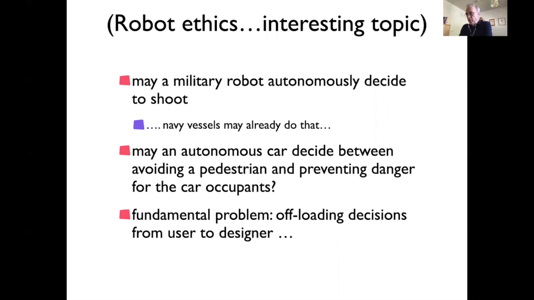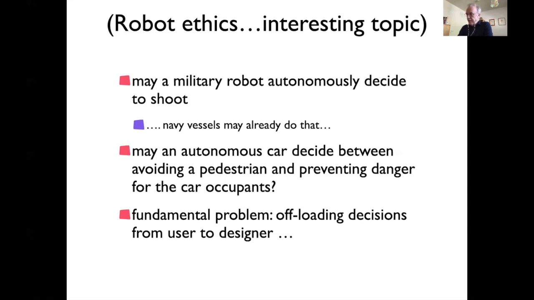There are actually already Navy vessels that are conventional, but they are in some sense robotic, autonomous, when they are in a certain mode of battle configuration where there's a human who can override commands, but they a priori decide autonomously, for instance, to shoot an anti-aircraft missile. That's been around for decades, actually. So these issues are real. As we look at autonomous driving, issues like that come up.